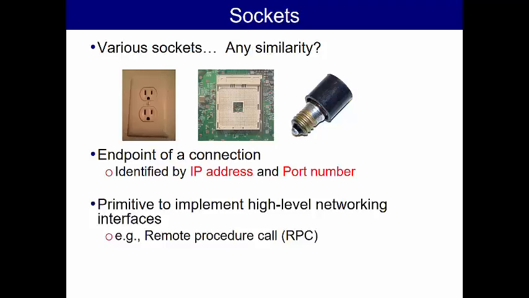The primitive to implement a high-level networking interface is the remote procedure call. When I learned network programming about 20 years ago, we had to deal with remote procedure calls a lot. Okay, now we are at a much higher level of programming, so the interface is already done.